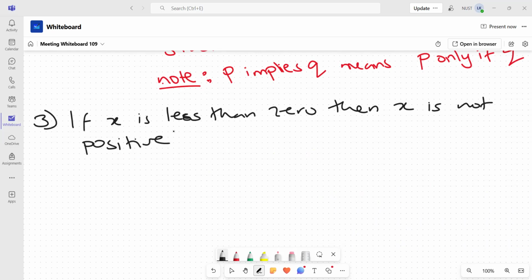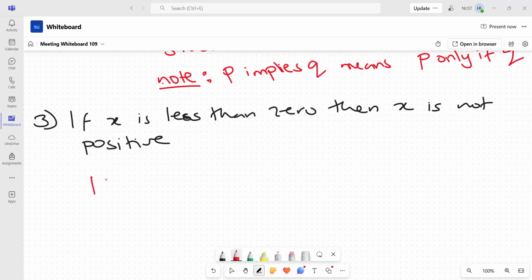Okay, so if X is less than 0, then X is not positive. The contrapositive would be if X is not positive, that means it's negative. So I need to write this down.